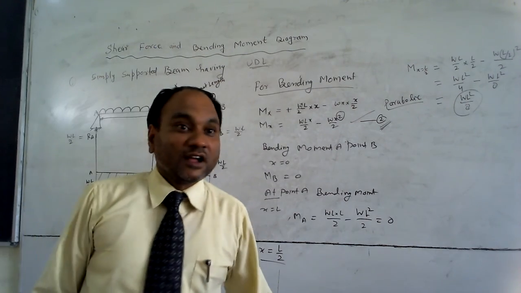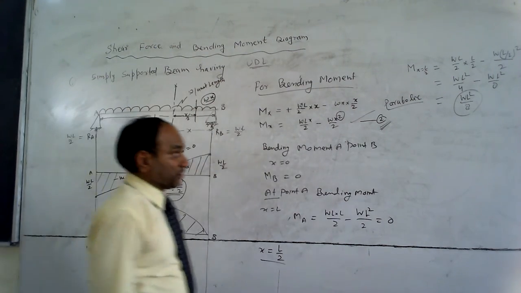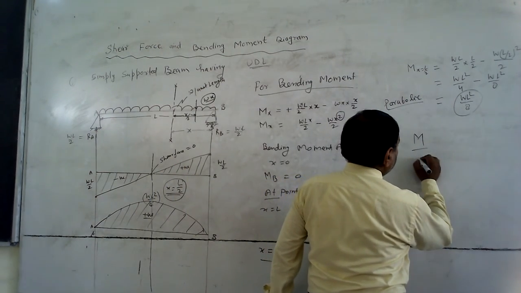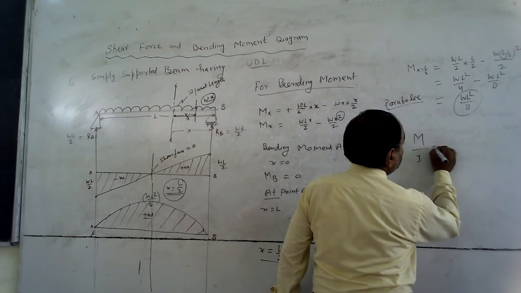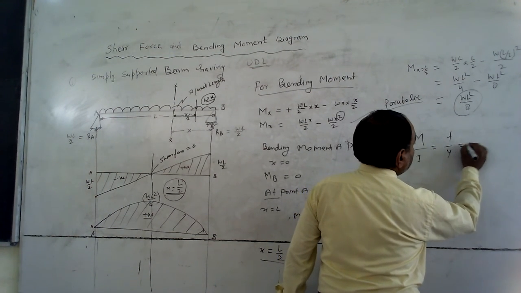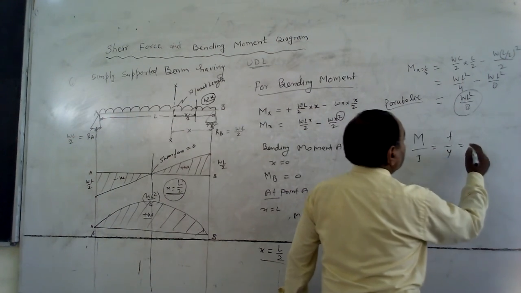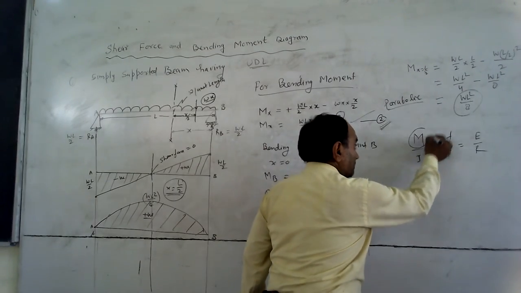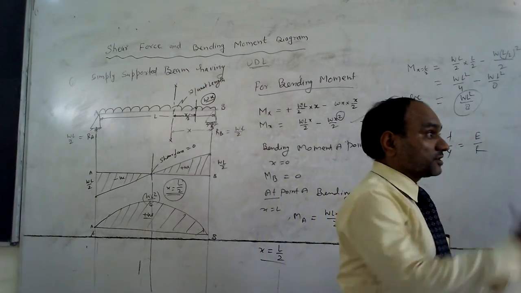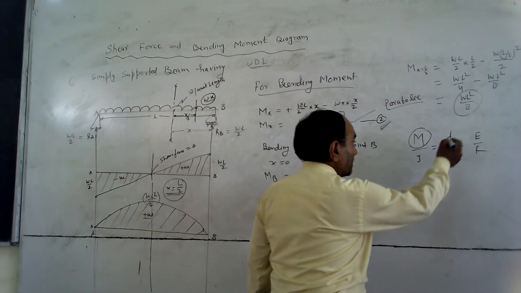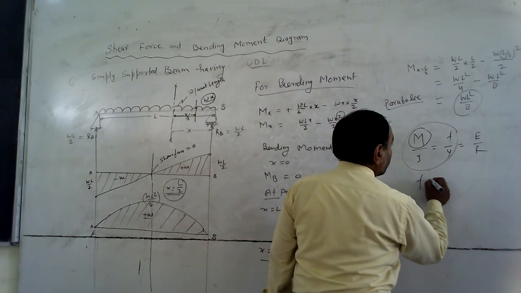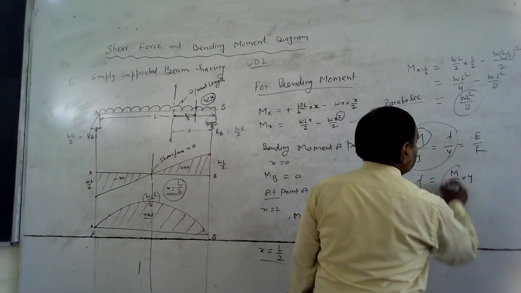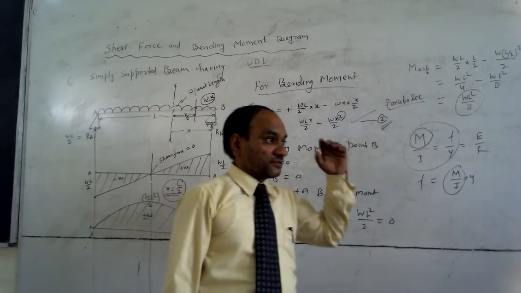Okay, students, this can be utilized because the formula of pure bending is M upon I equal to F upon y equal to sigma E by R. In this case, when you are going to find the value of stress, you have to utilize this relation, that is F equal to M over I into y. So this is the case.